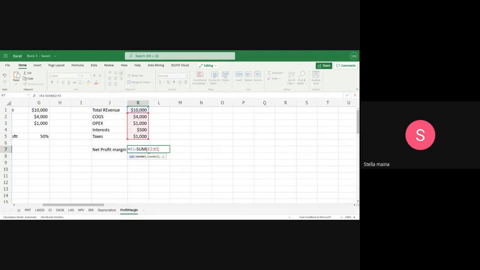What I should have done is put all that into brackets so that I can divide by the total revenue.